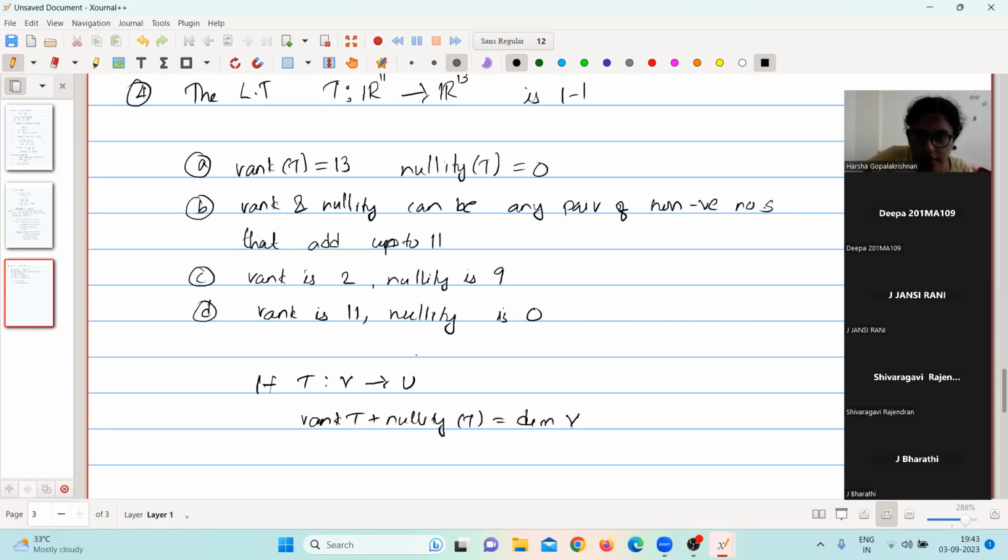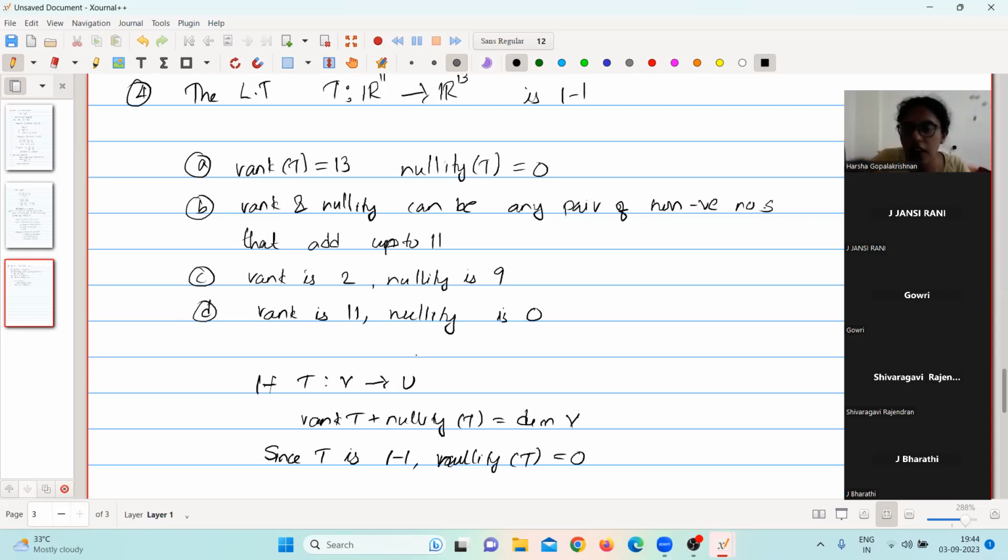So the first space. So here nullity is 0 because it is 1, 1. Then option D is correct. Yeah, option D is the correct answer. Since T is 1, 1, nullity of T equal to 0. Okay.